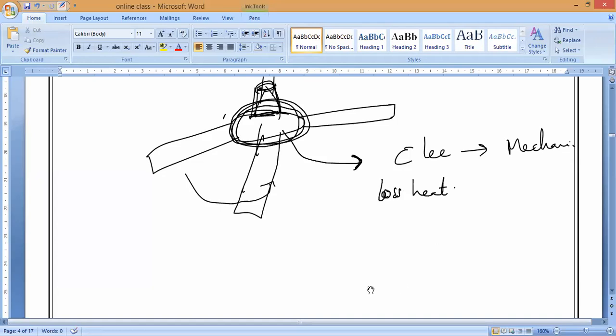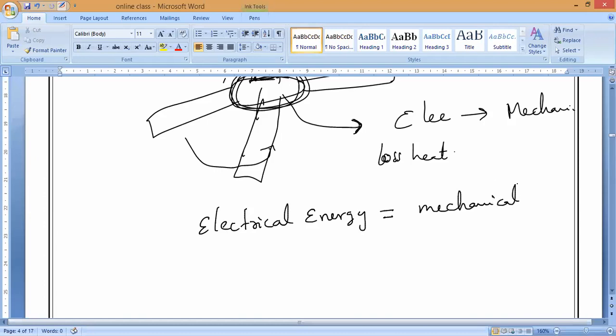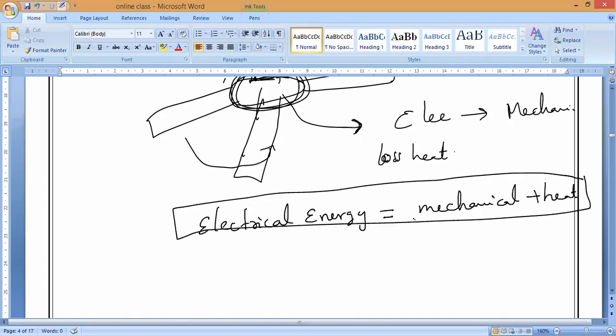But if you notice, guys, although some energy may be wasted during conversion, the total energy of the system remains the same. Do you understand what I'm saying? For example, the total electrical energy consumed equals the total mechanical energy, whatever energy is converted, plus the total heat. If we add them, the total energy is conserved.